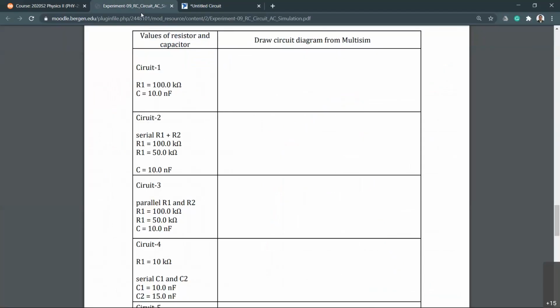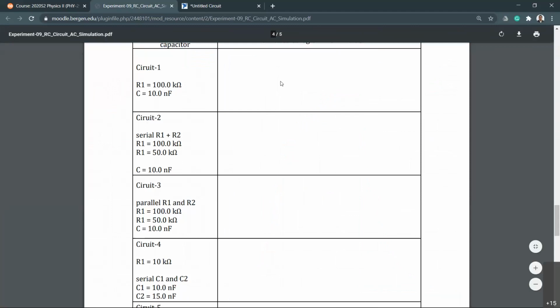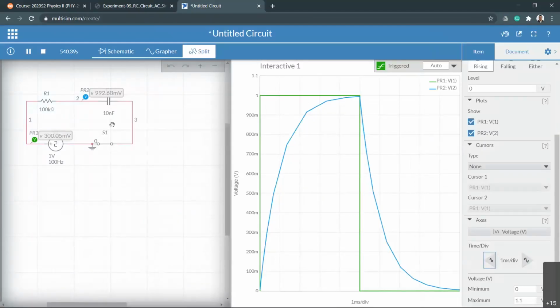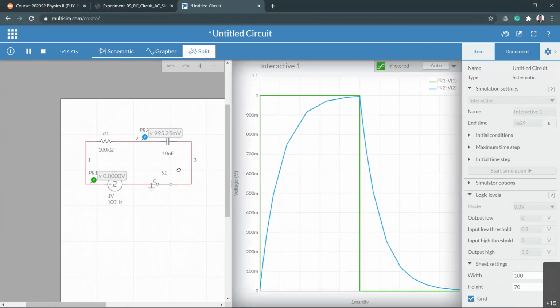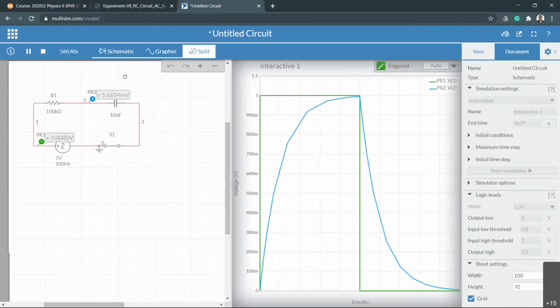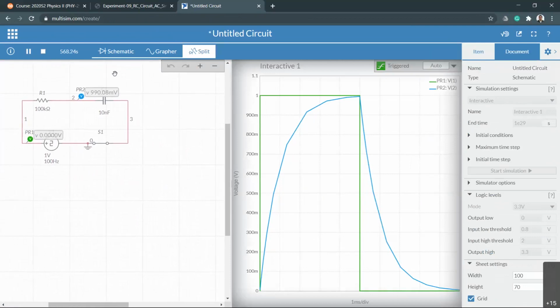You can include it here too, because you have enough space. You can put a small picture of the circuit and also the graph. Technically you can take a picture of both of them together and copy paste that into your table number 1. Then you have all the information needed there.